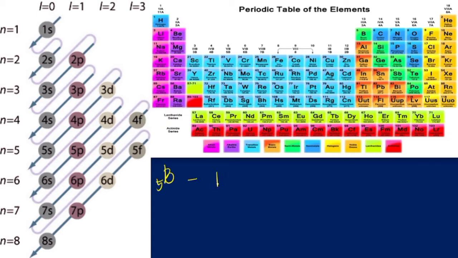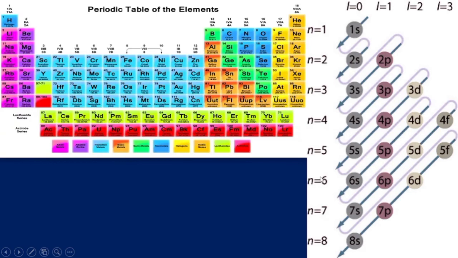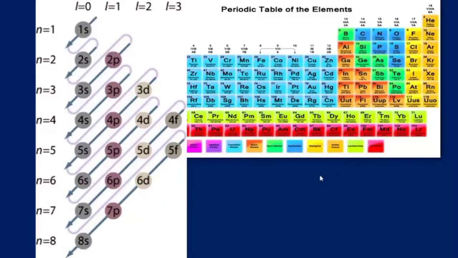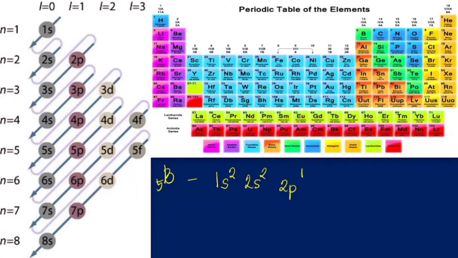If we distribute its electrons, it could be like this: 1s2, 2s2, 2p1, a total of 5 electrons.